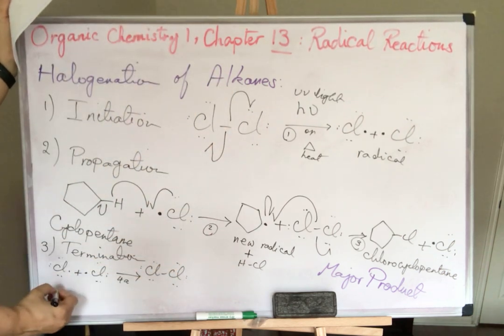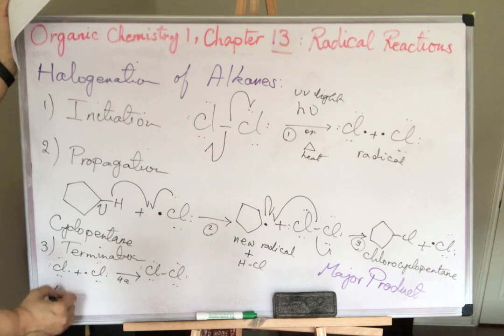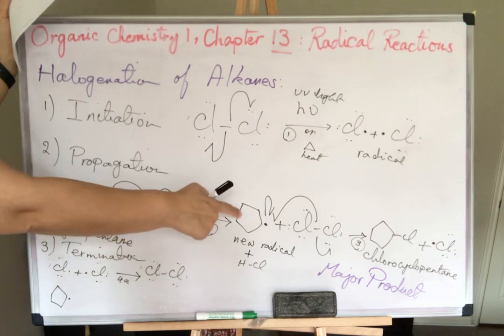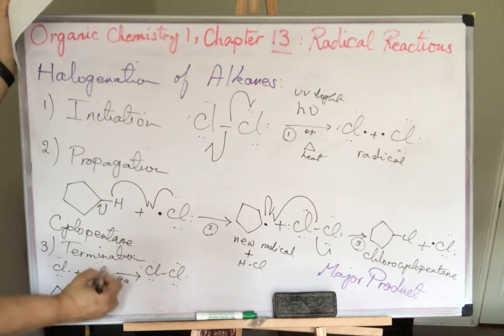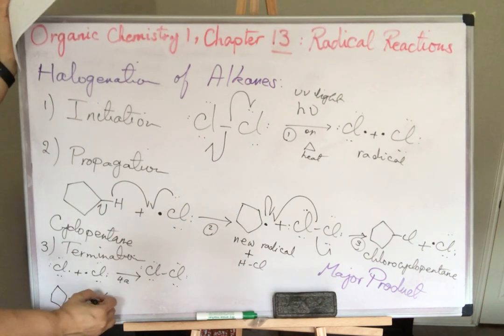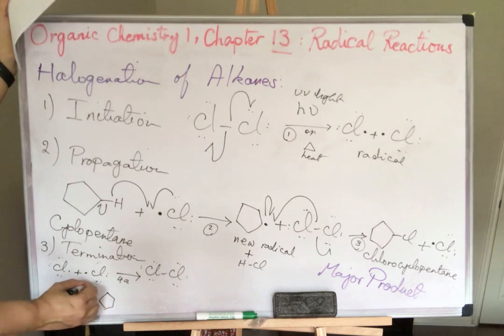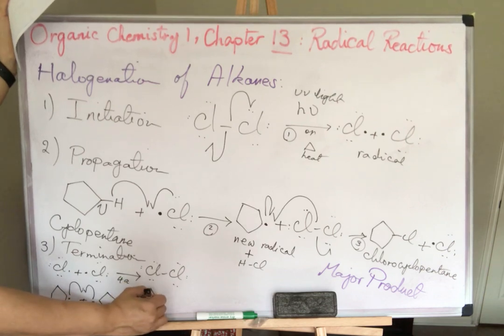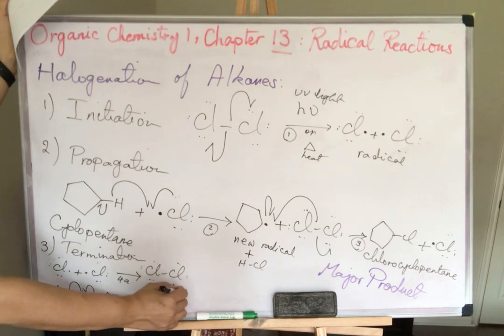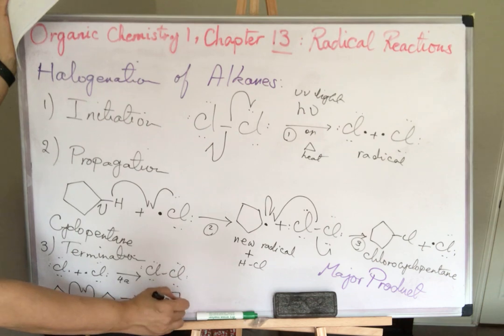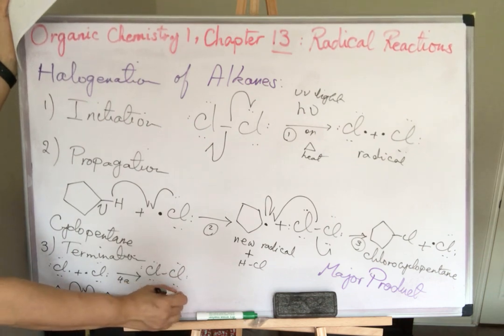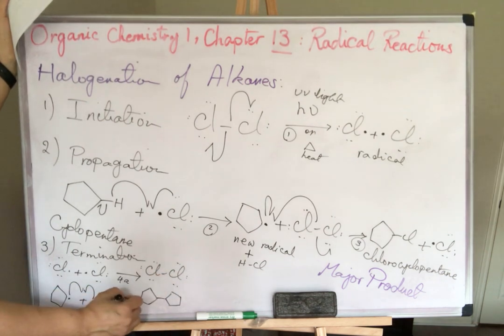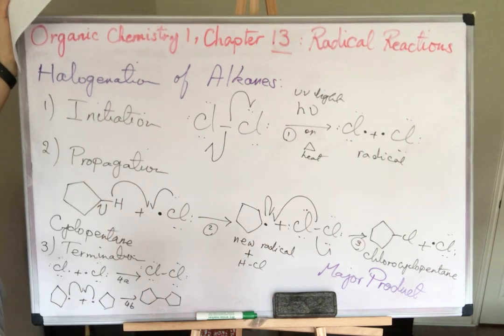Not all the radicals of cyclopentane will react with chlorine, so you still have them in the system. So two of them will react to form a new product. This is going to be reaction 4B.